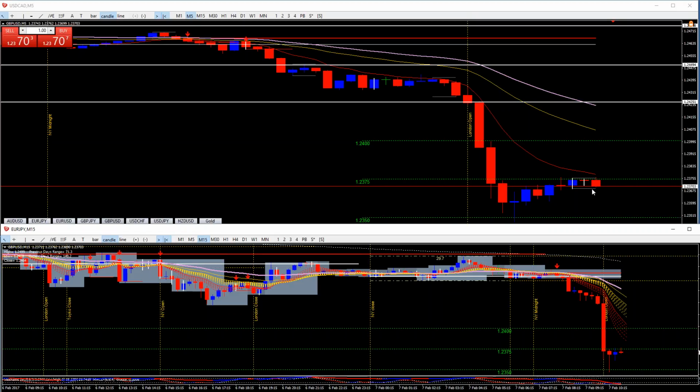I'll take the breakout of this inside bar once it breaks this zone right here. So hopefully we'll get a signal here in a second to do that. I'm just looking to make sure that the correlation in the trend is there, that I'm not getting a massive pullback on a higher time frame where I might have other areas of resistance.